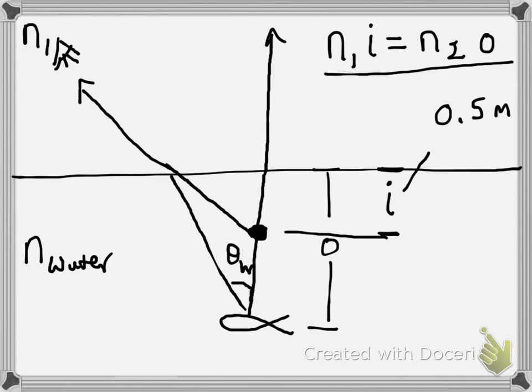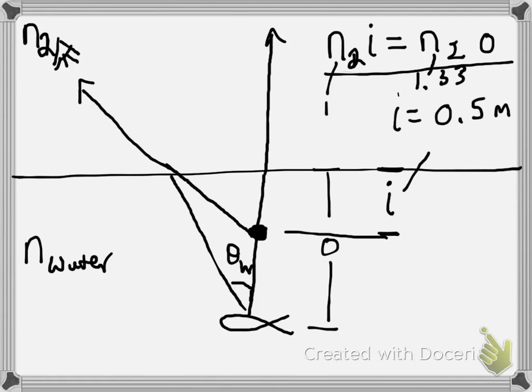Well, we just go back to this equation, n1 i equals n2 o, and i equals 0.5, and I apologize, hang on just a second. So what's actually happening is that inside the water, wherever your light beams are generated, that is n1. So the water is n1 and the air is n2 in this case.